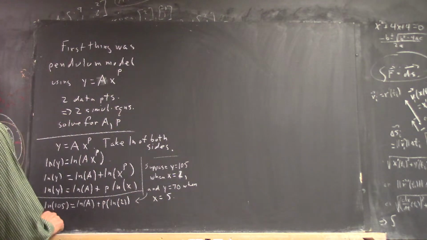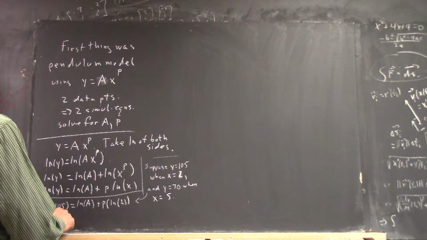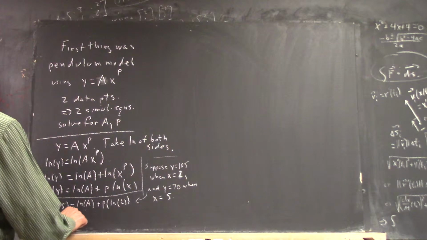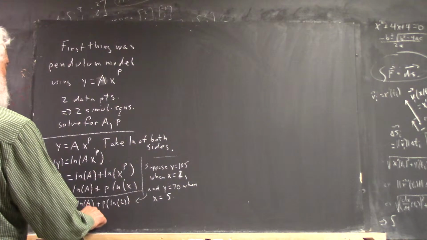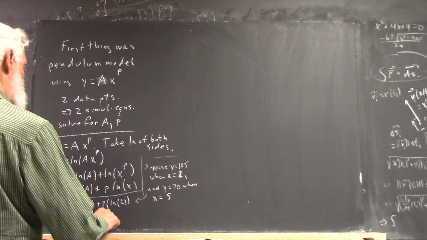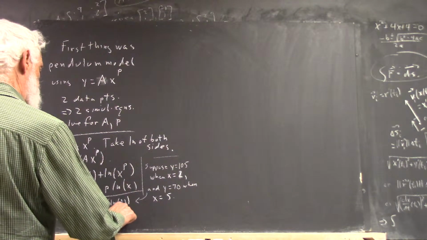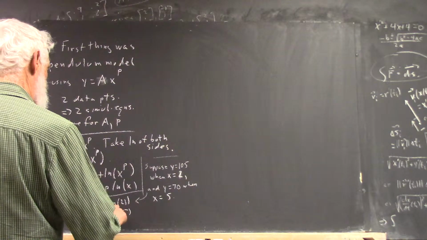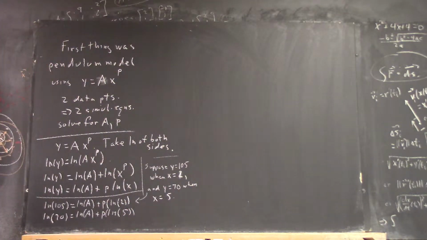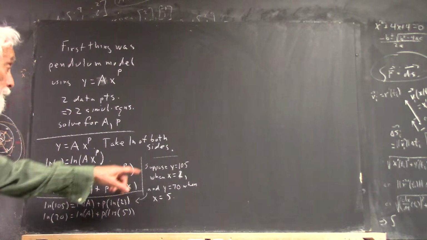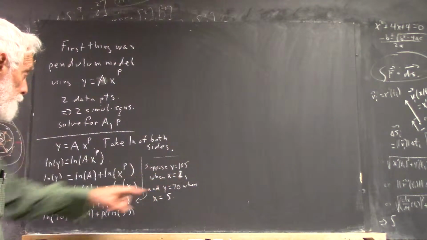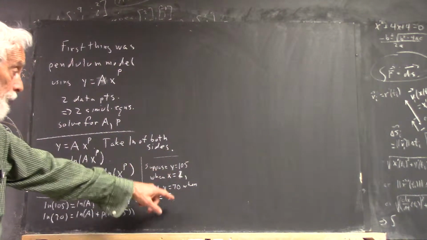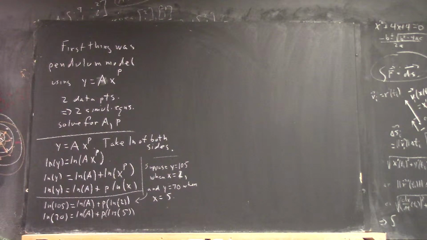And also that the natural log of 70 equals the natural log of A plus P times the natural log of 5. Okay, make sense? I mean, all I've done is I've replaced y and x with 105 and 2 to get this equation, 70 and 5 to get this equation.